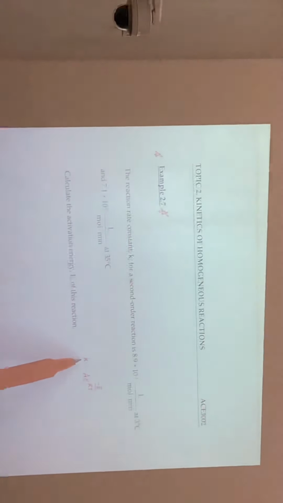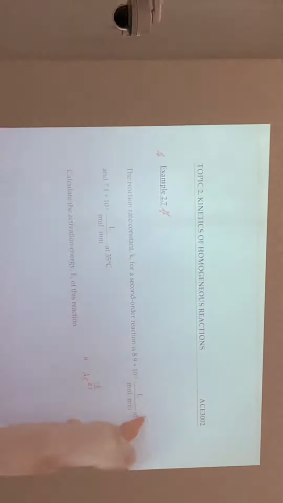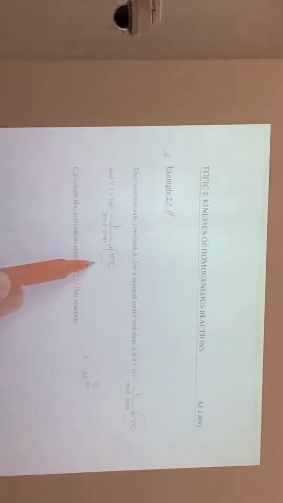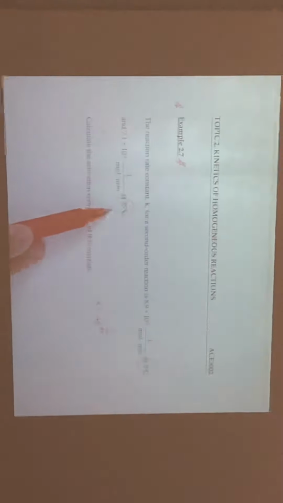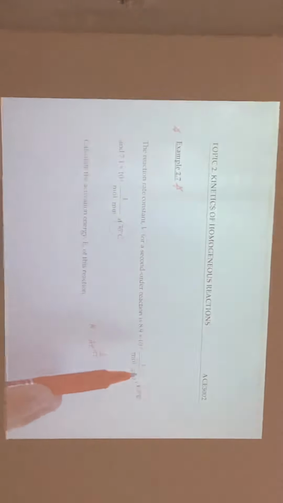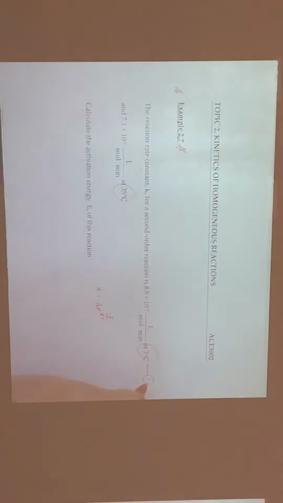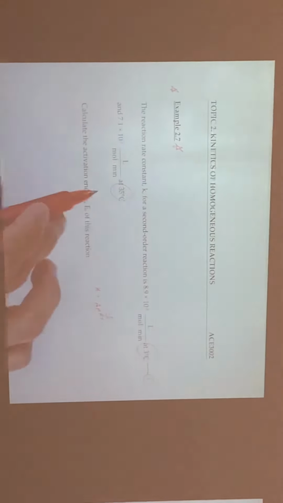First K at 3 degrees Celsius, another K at 35 degrees Celsius. After you know that, in each temperature, you substitute the rate constant into the Arrhenius equation. One temperature will be one equation, another temperature will be another equation.